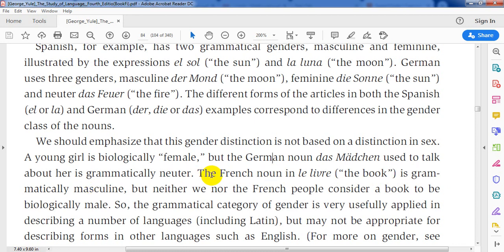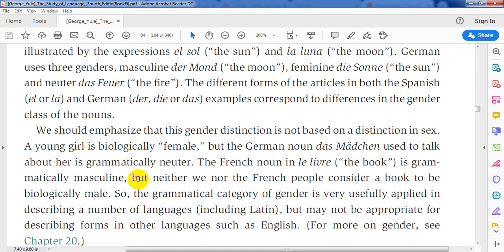Yes, the same as French. But neither we nor the French people consider a book to be biologically male. So the grammatical gender is different from the biological or natural gender.